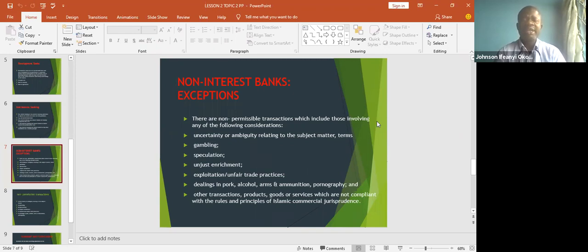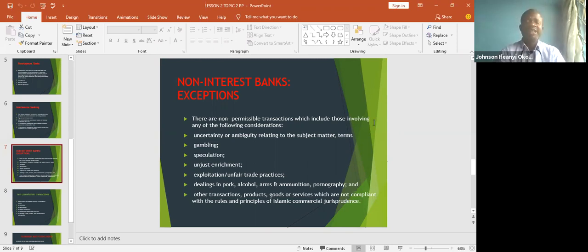One is areas where you have uncertainty and ambiguity. These areas are, one, gambling. Of course, gambling is illegal in this country. We also have areas of speculation. Anything that has to do with speculative businesses, the non-interest banks are not expected to delve into.